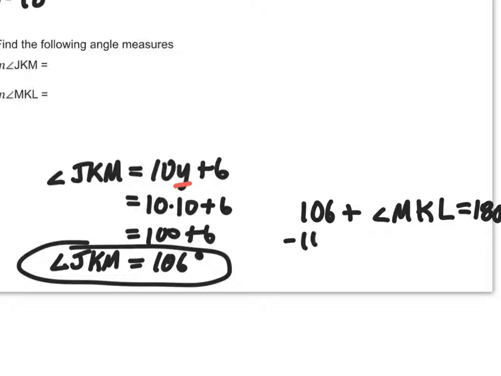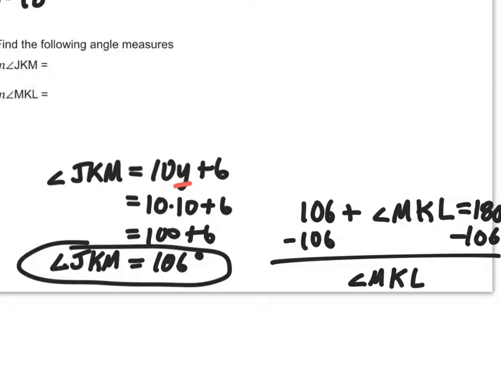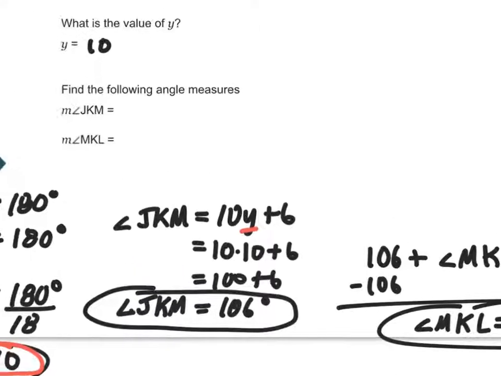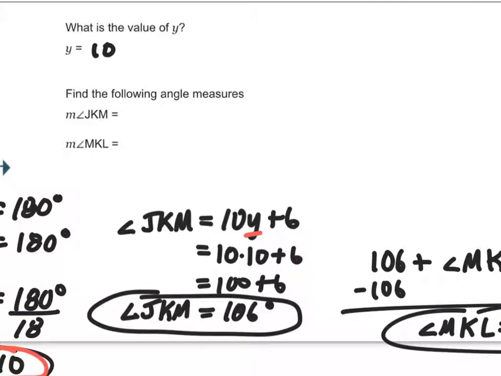If I subtract 106 from both sides, then I get that angle MKL is equal to, what is that, 74 degrees. That's one way of doing it. I'm just going to put my answers in. So I've got 106 degrees, and this is 74 degrees.